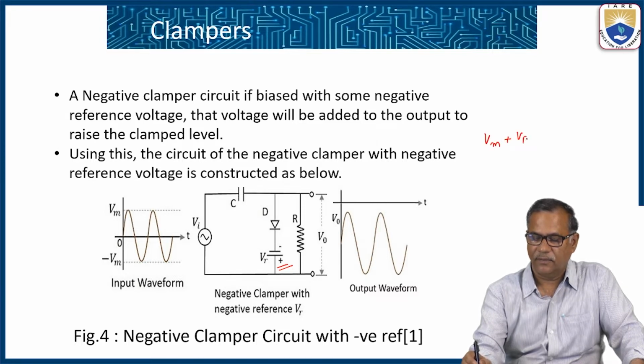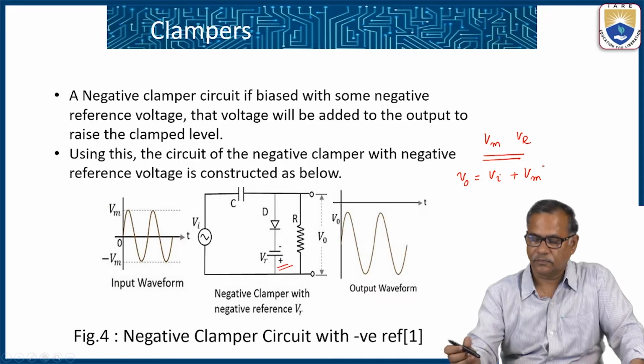And what is the output voltage? The output voltage V0 is equal to Vi plus Vm. Sorry, this is a negative reference voltage, so it's Vi minus Vm minus Vr.